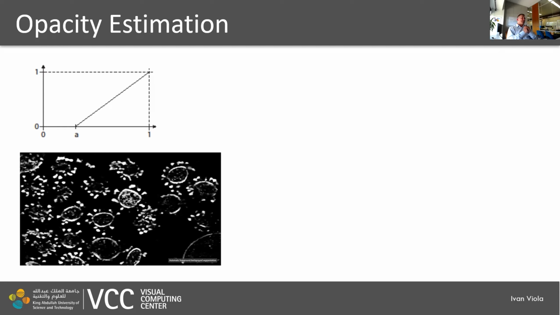where we need to have a beginning of the ramp and the end of the ramp. Empirically, we have realized that the end of the ramp is good to set to probability 1. So if we are 100% confident about a certain structure being that structure, then the opacity will be 1, and on the range between 0 and 1 of the confidence, we find another value which will be the start of that ramp.